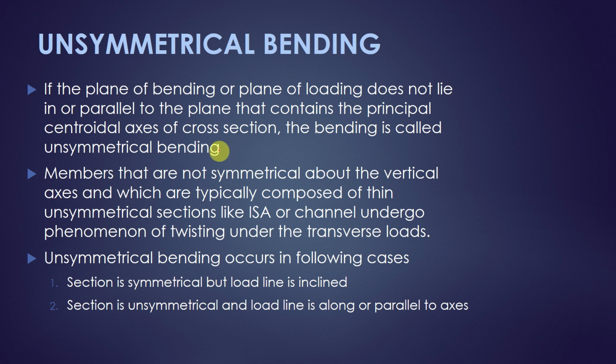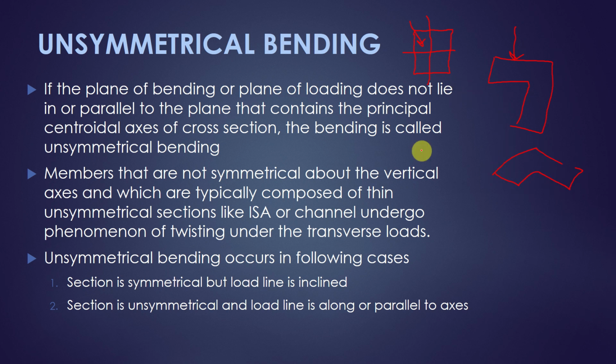So you might have understood with my explanation, there are two cases where you will get unsymmetrical bending. Either the section is symmetrical and having inclined load, then you will get unsymmetrical bending, or the section is unsymmetrical and it is having a load along any centroidal axis, then you will get unsymmetrical bending.